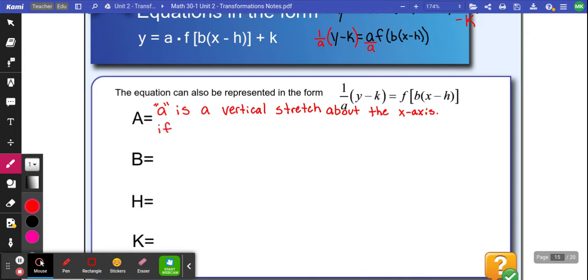A does something else too. If A is less than 0, I'm going to put it in brackets, that means negative. If A is negative, what does that do? It does a reflection. And what are you reflecting over?